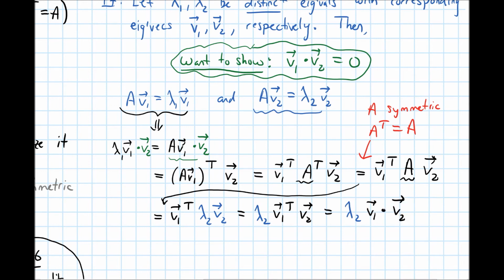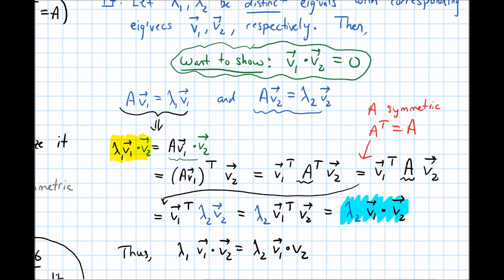All right, so what have we shown at this point? What we've shown is this quantity, lambda 1 times v1 dotted with v2, is equal to this quantity, lambda 2 times v1 dotted with v2. So let's just put those together. So we've shown that lambda 1 times v1 dotted with v2 equals lambda 2 times v1 dotted with v2.